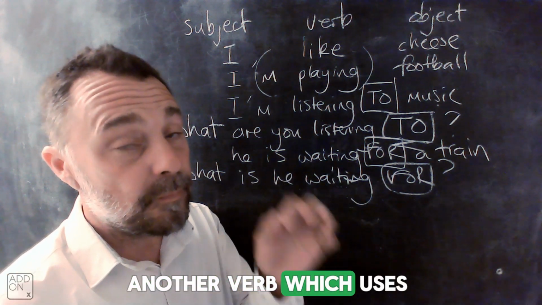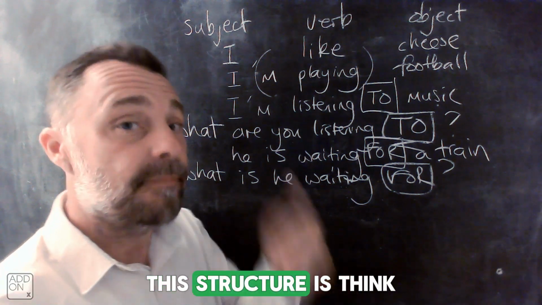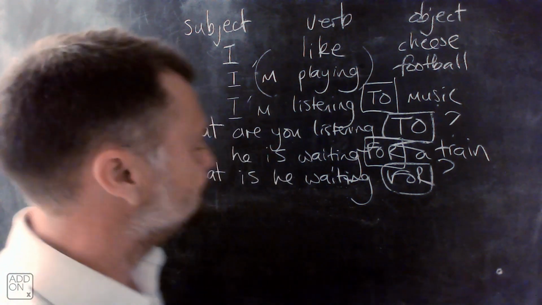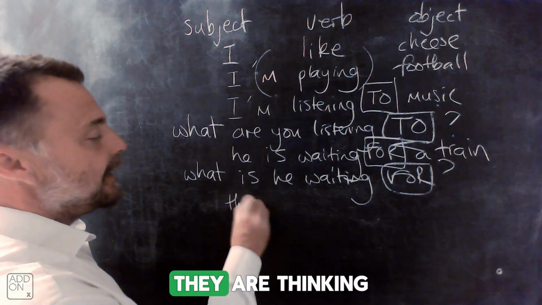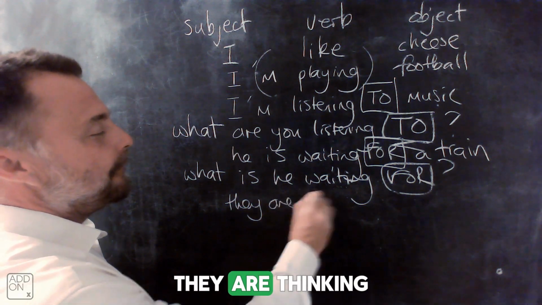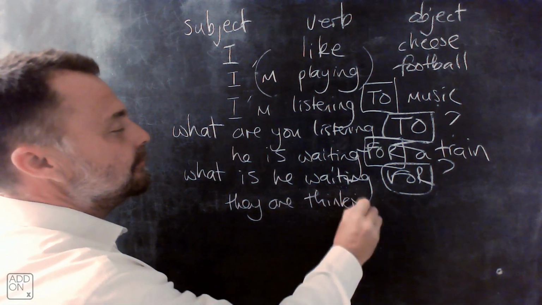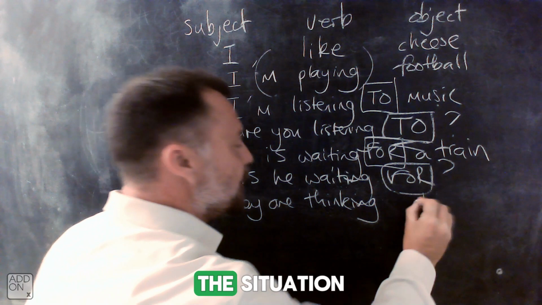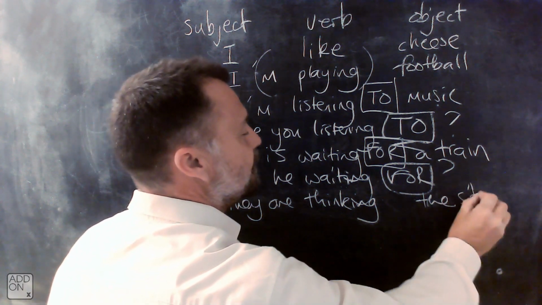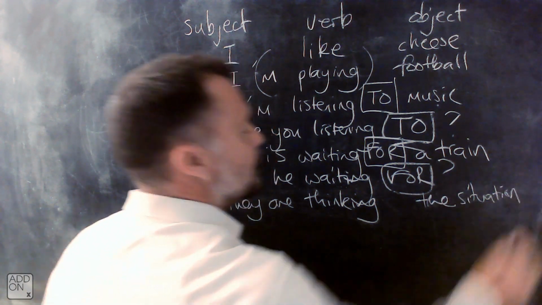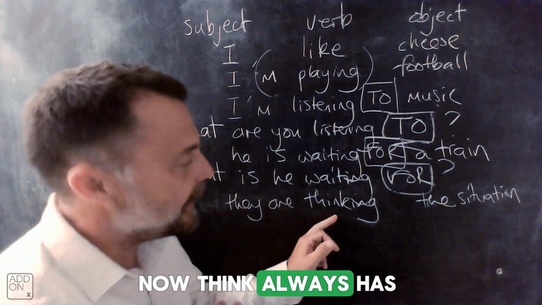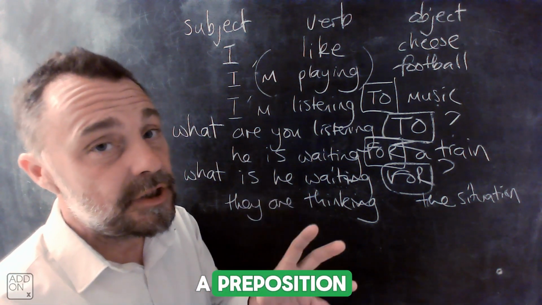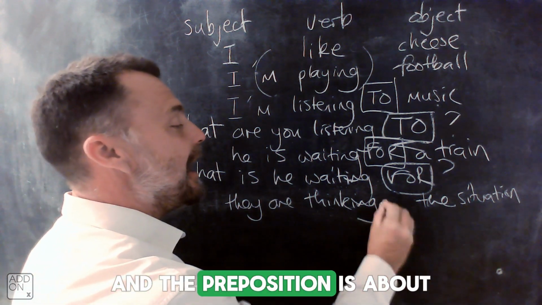Another verb which uses this structure is think. They are thinking about the situation. Think always has a preposition, and the preposition is about.